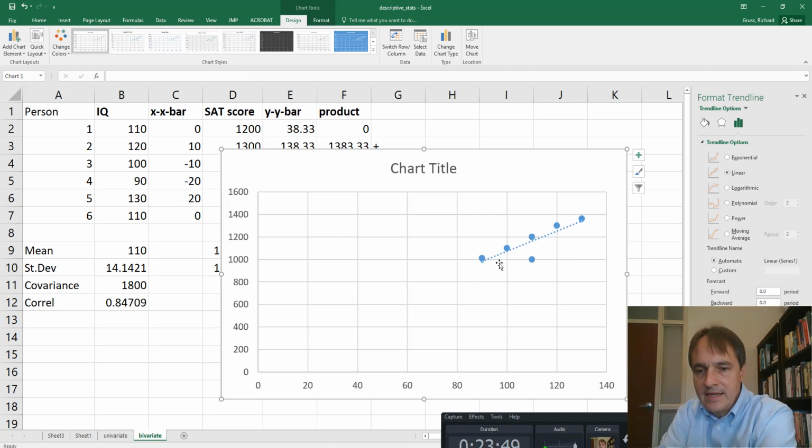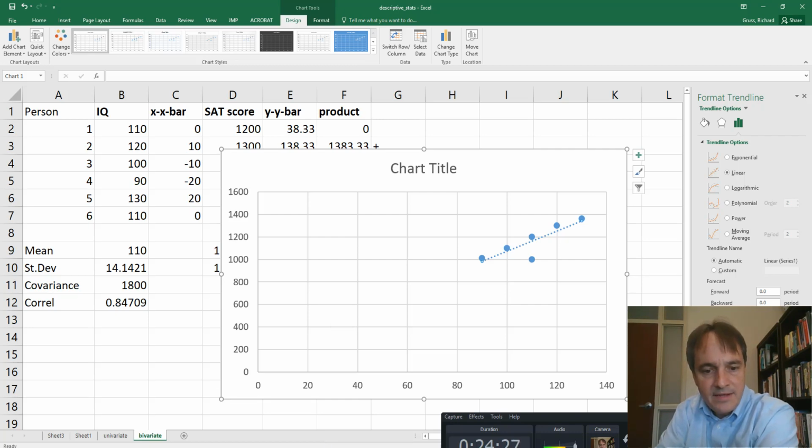We can see that the relationship between these two variables is pretty strong. If we were to draw a line here, it does pretty well describe the relationship. Higher IQs tend to have higher SAT scores. Not always. We do have a point here that's not exactly on the line, but it does a pretty good job of sticking to a positive relationship. And this would explain why it's a positive 0.85 correlation coefficient.